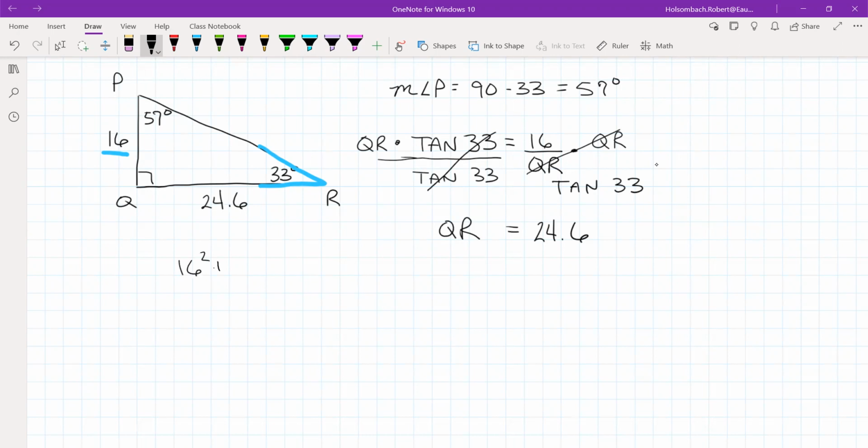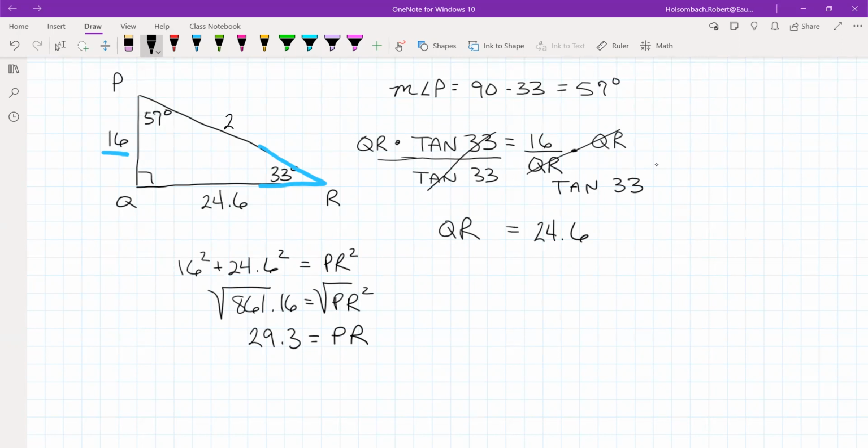So 16 squared plus 24.6 squared equals PR squared. 861.16 equals PR squared, and then square root each side. 29.3 equals PR.